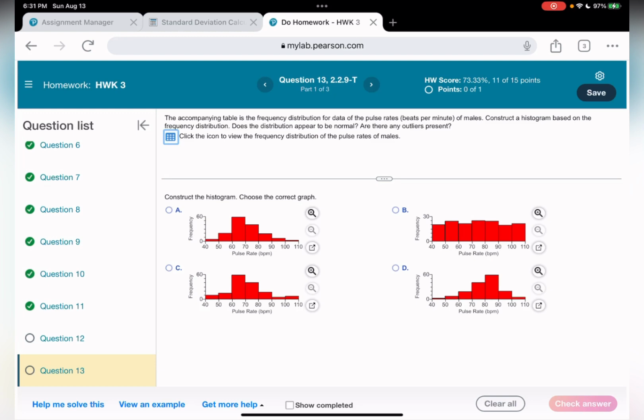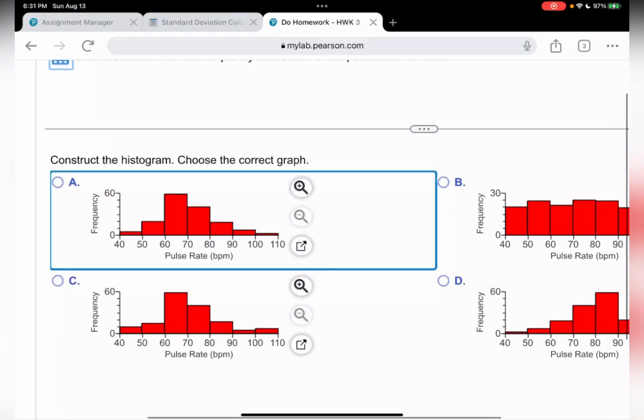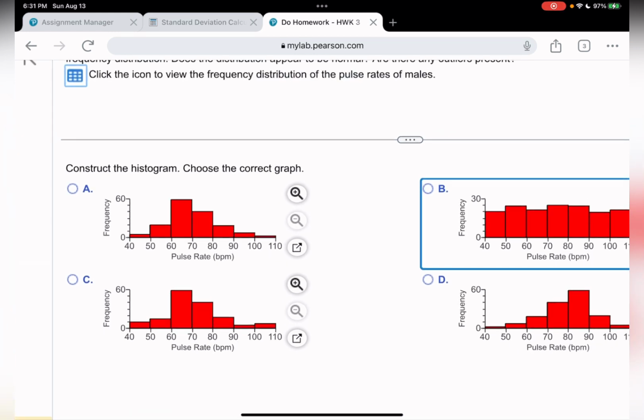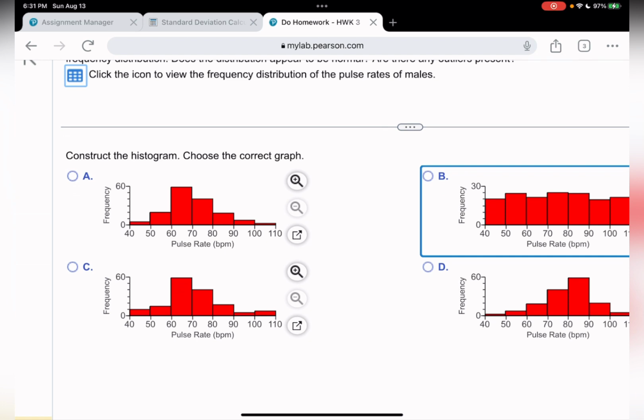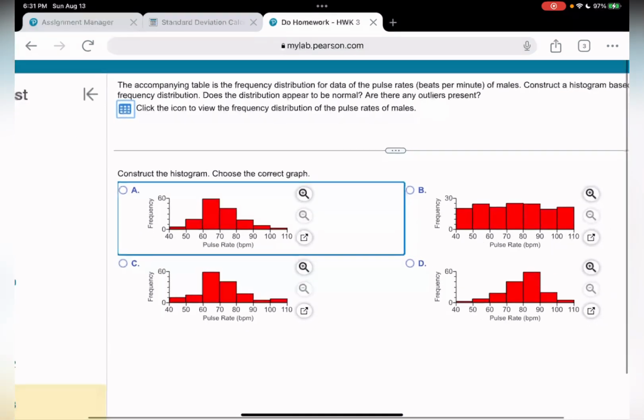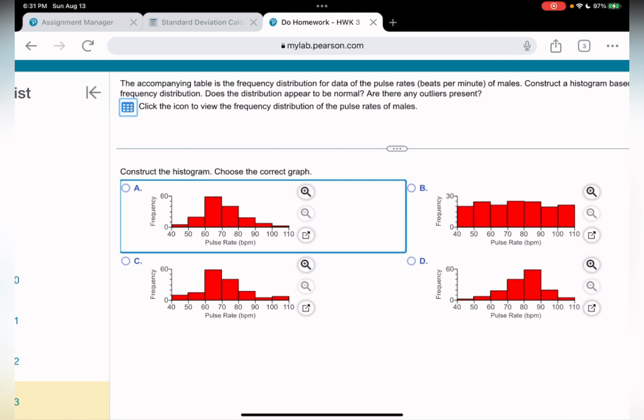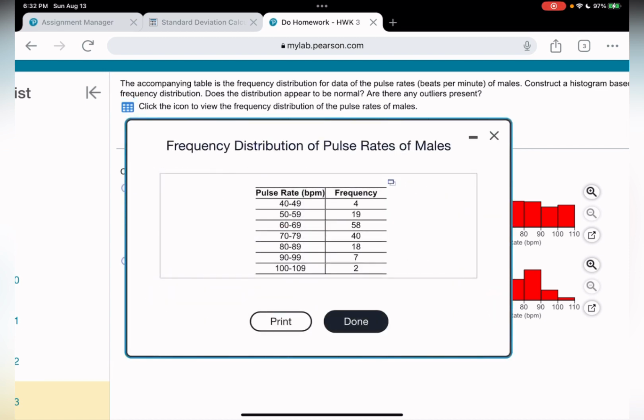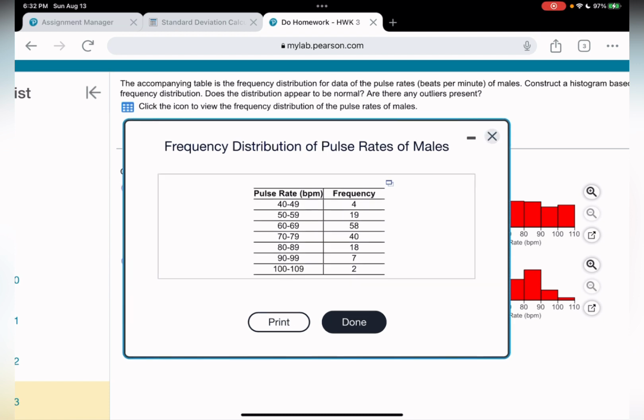Let me see. Okay, this A can work, C can work, B is not going to work, and D also is not going to work because it goes between 80 and 90. So it's going to be between A and B. Now 100 to 109 has to be 2 frequency, right?